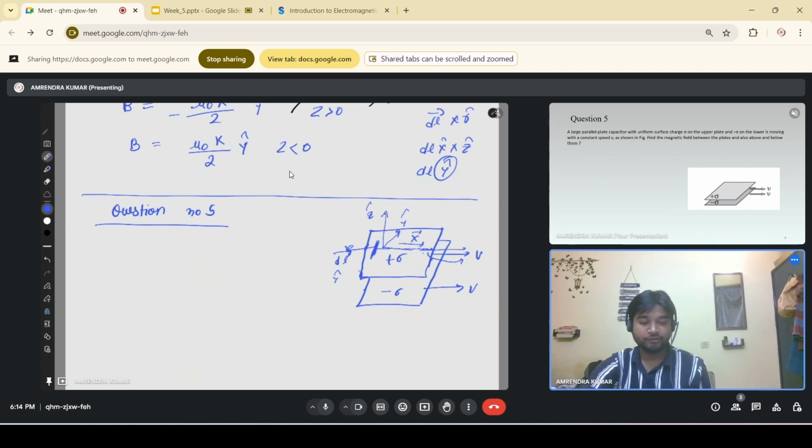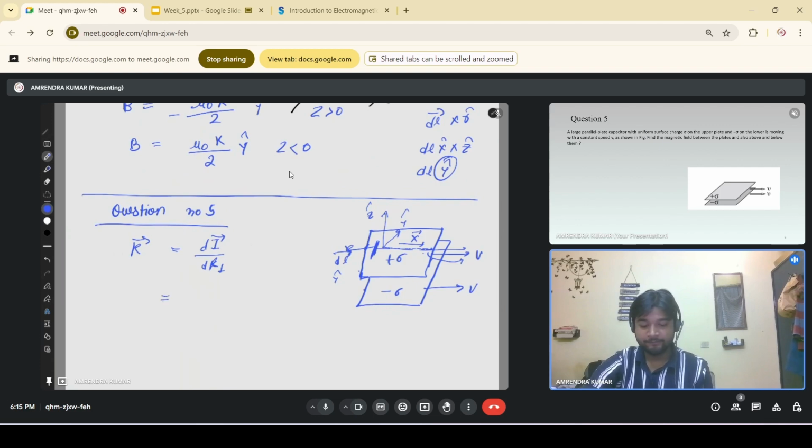Okay, now what is the current density? The surface current density K is nothing but the current per unit length, I per dl perpendicular.